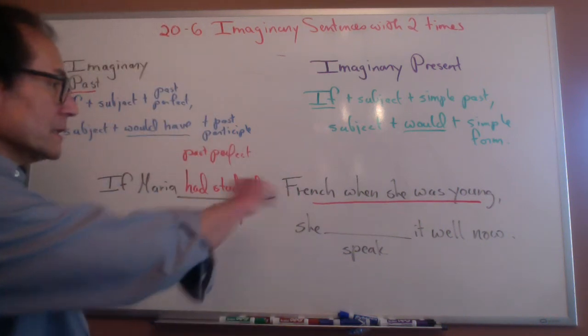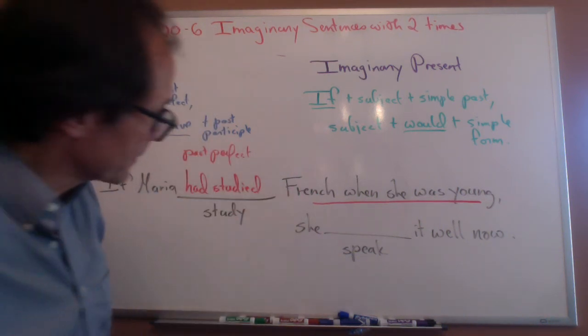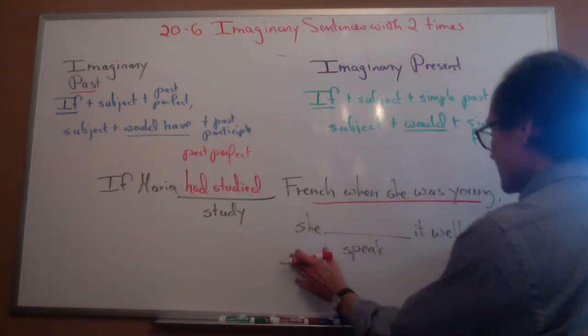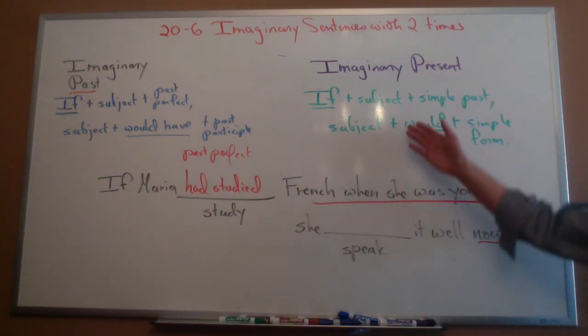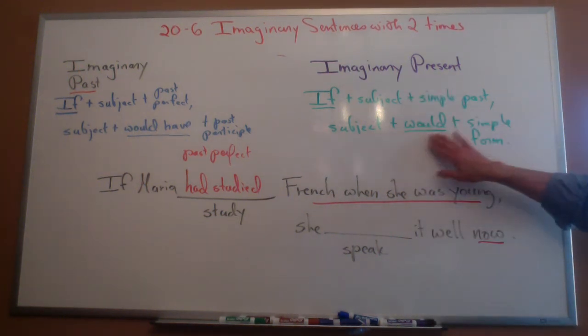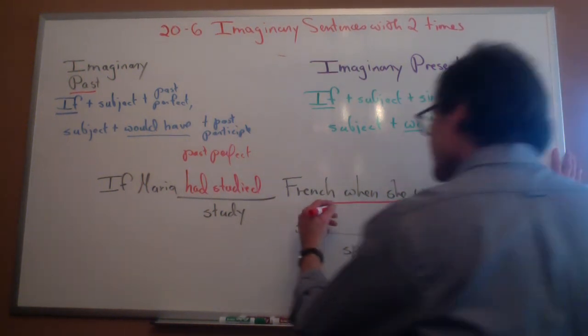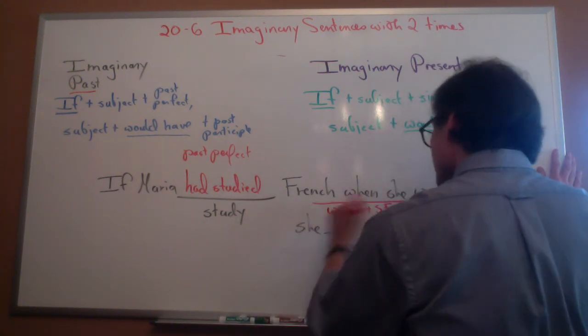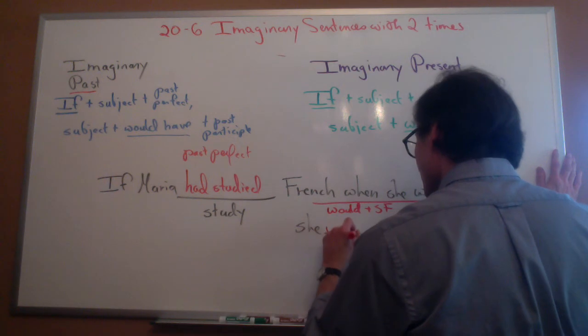If Maria had studied French when she was young, she blank speak it well now. And then this part is now. And so for the now, I'd use would and simple form. So I could say, she would speak it well now.